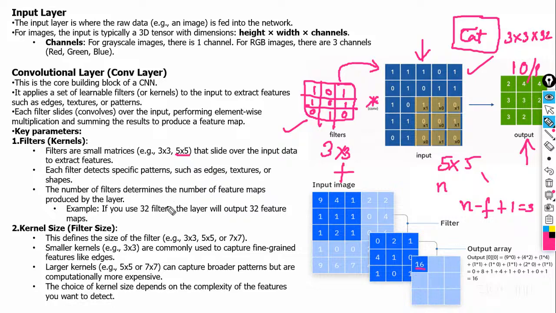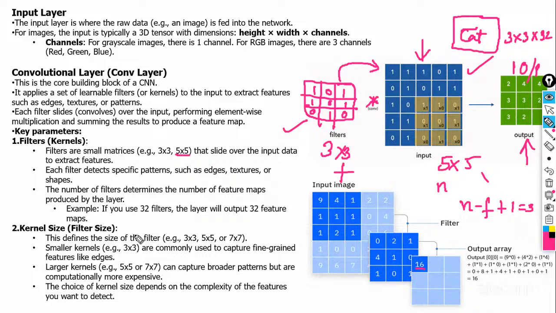So whenever you use 32 filters, the output of the convolution operation will also have 32 images, 32 outputs, each of size 3 by 3. Making sense? Yes.